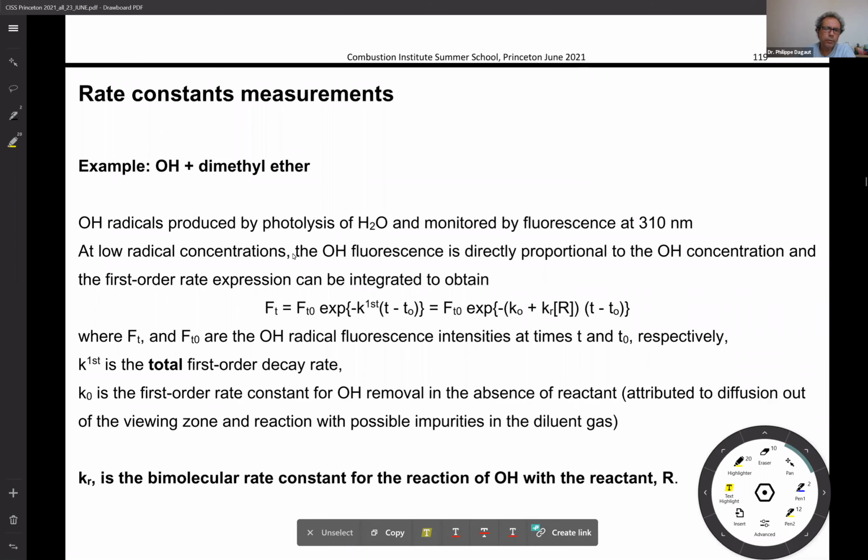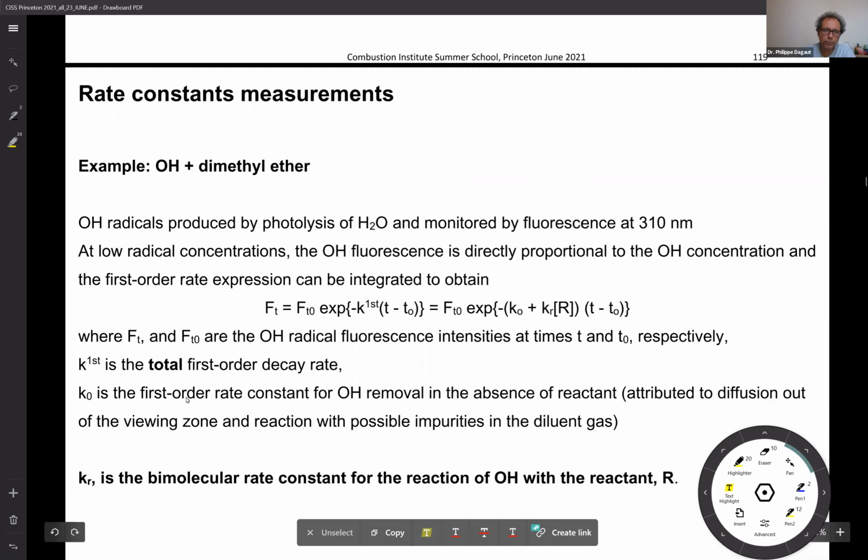At low radical concentration, the OH fluorescence is directly proportional to the OH concentration, and the first order rate expression can be integrated to obtain, through this equation, the decay of the fluorescence with time. So K first is the total first order decay rate.